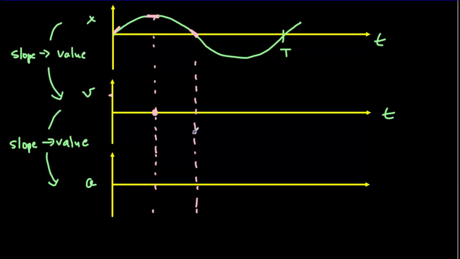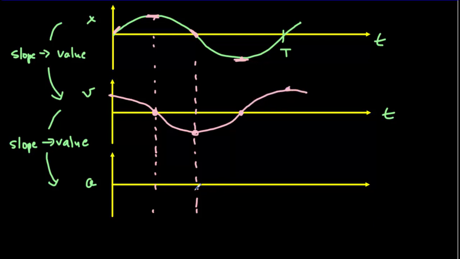Might be about here. Here, once again, we have 0 slope, so we're going to go back to a 0 value. And then we'll be back to a positive slope here, and we'll get that sinusoidal shape. It's going to look like so, and just keep repeating the pattern.